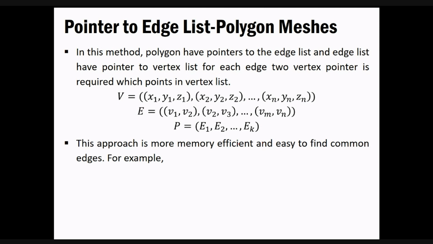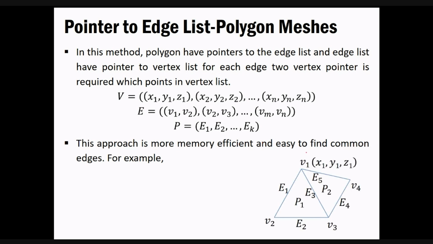Now what it says, this approach is more memory efficient and easy to find the common edges. So if we have a separate structure that is storing the edge information, then obviously it will become more efficient.